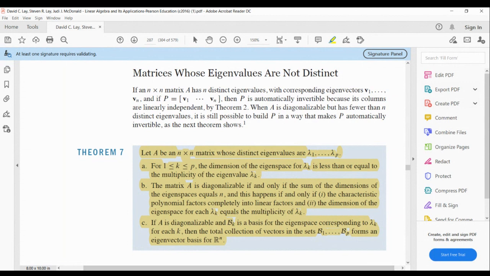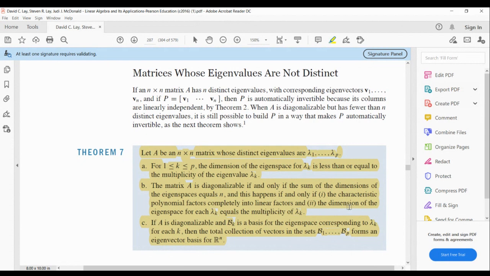How many noticed this in doing their homework? That has to be true. Yes, and you had problems. Well, that's absolutely true. Focusing then on part 2: the dimension of the eigenspace for each eigenvalue equals the multiplicity of the eigenvalue.